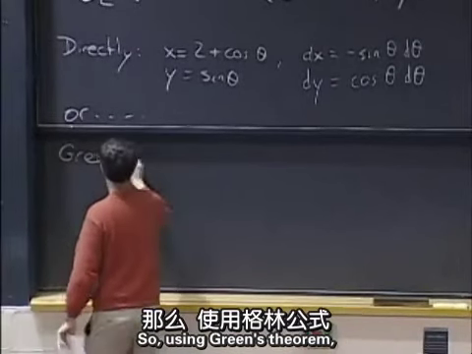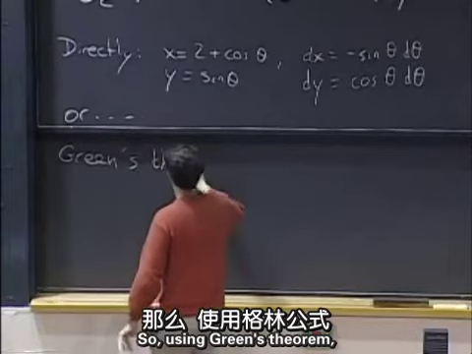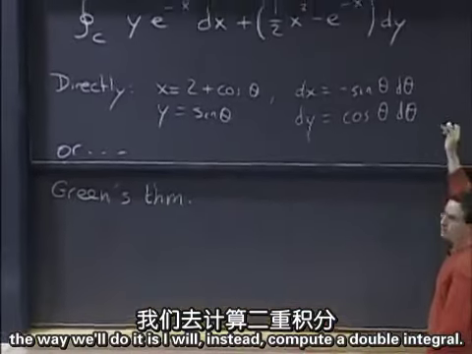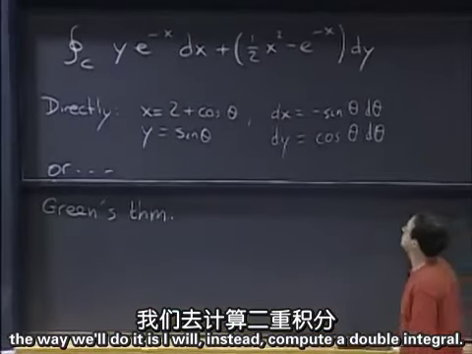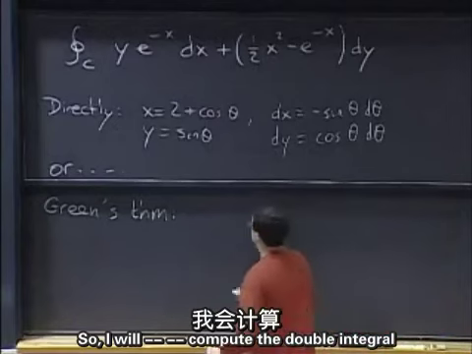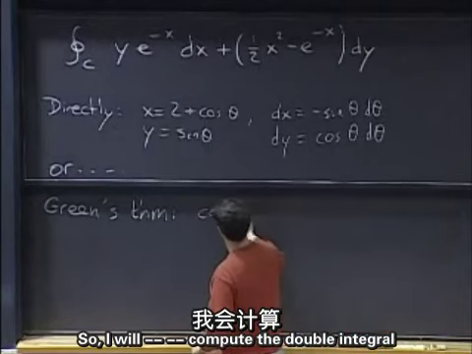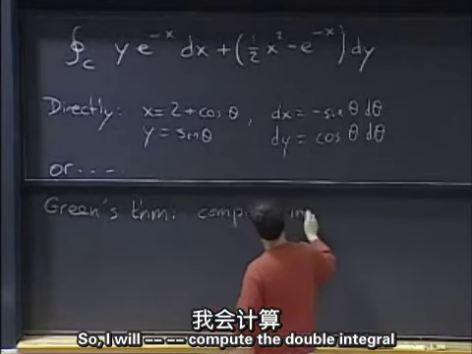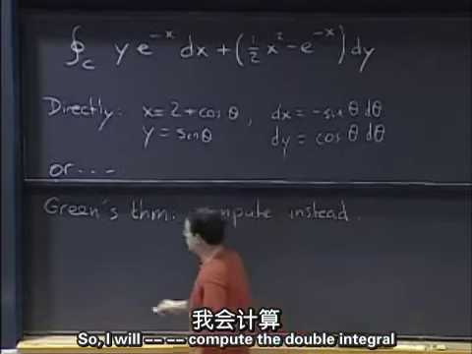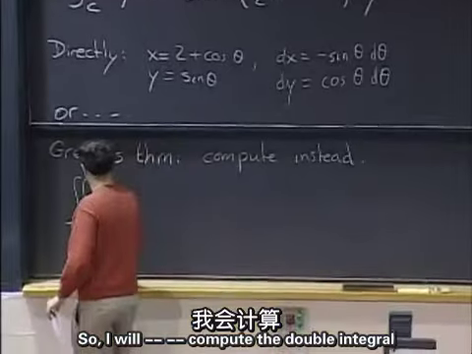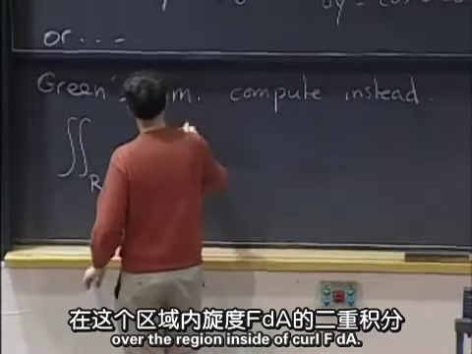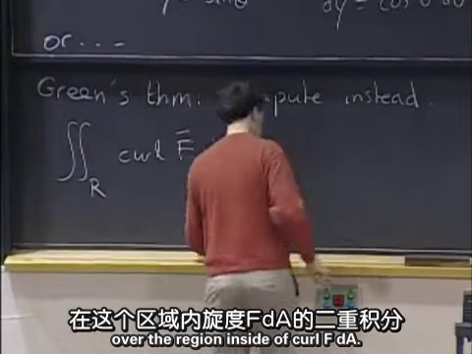So using Green's theorem, the way I will do it is I will instead compute a double integral over the region inside of curl f dA.